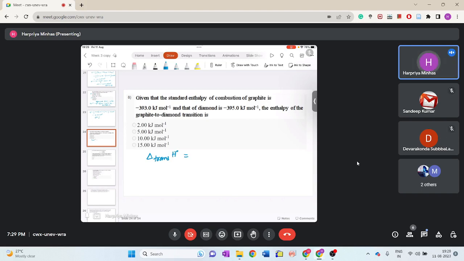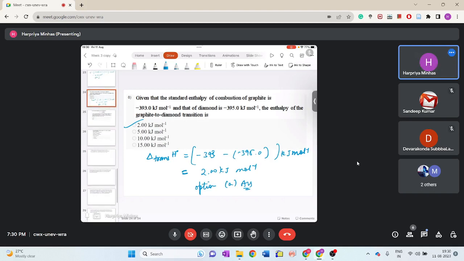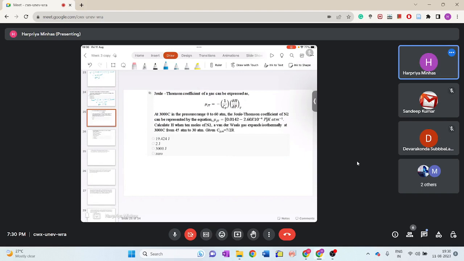So this enthalpy of transition from graphite to diamond will be, so it's option A. So everyone getting option A, right? Okay, moving to the next question.